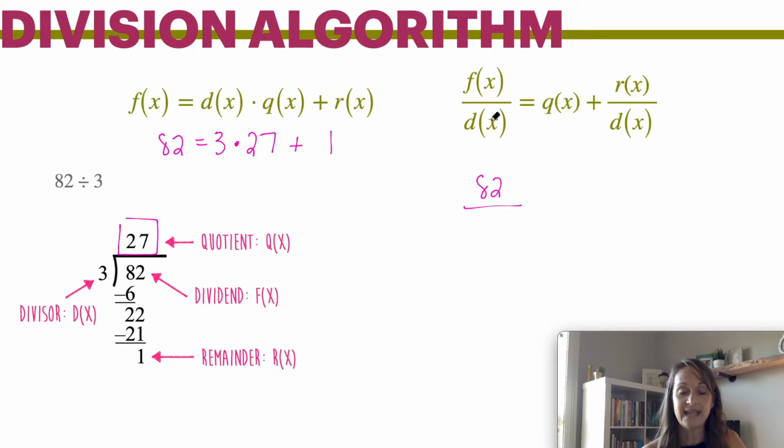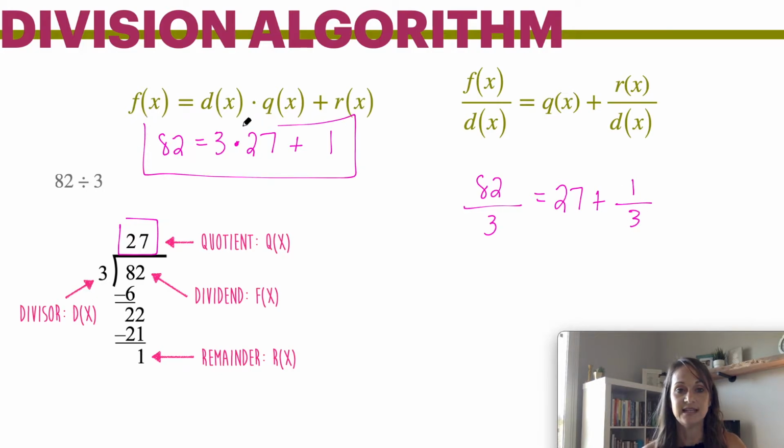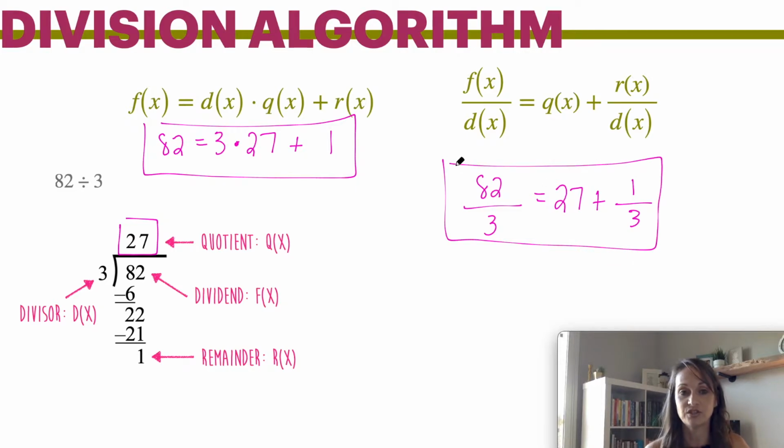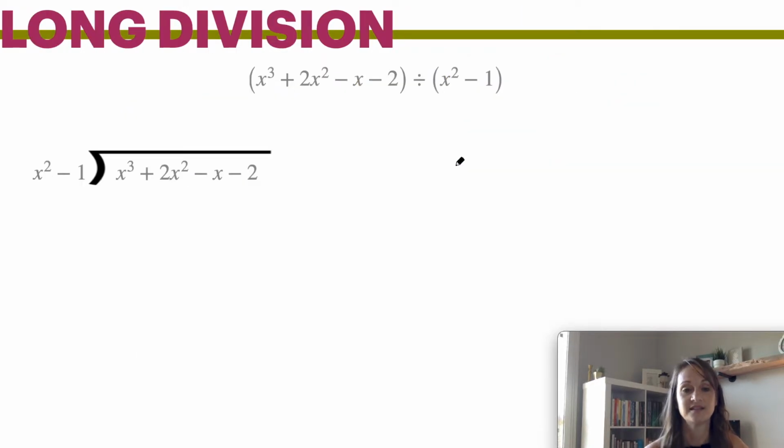You're dividing 82 by the divisor, which is 3, and that is going to equal the quotient, which is 27, plus the remainder, 1, divided by the divisor, 3. Each of these is correct in its own form as a way to write the answer to a division problem. The same thing applies to polynomials.